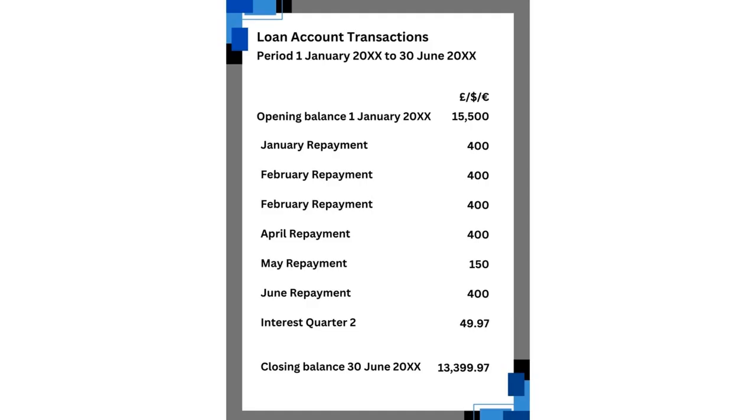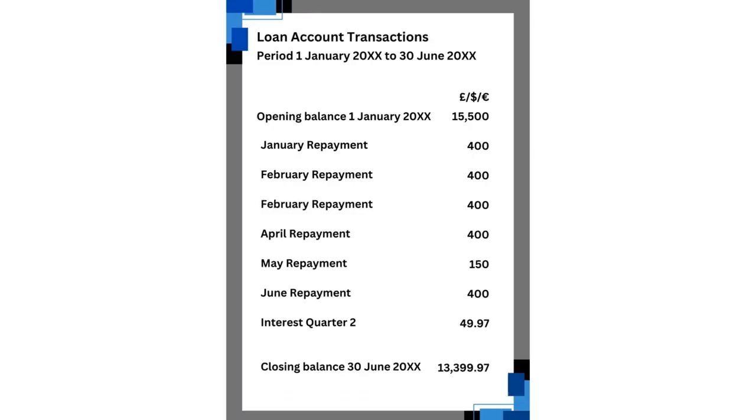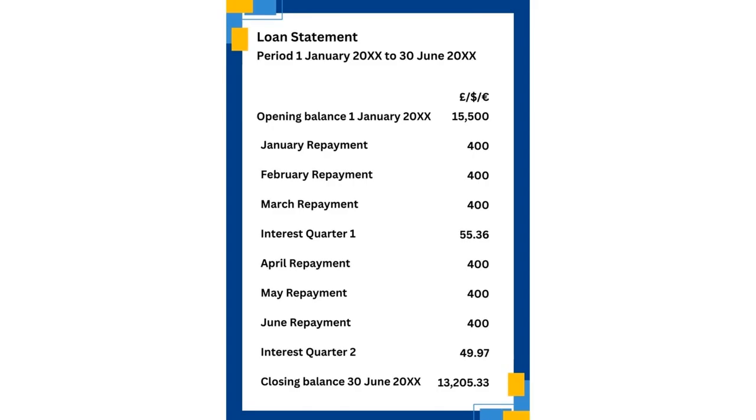The whole point of the reconciliation is to make sure that the account transactions and the balances on the accounting records match the statement. We want to check that there's nothing missing, there are no duplicates, there are no errors, and that they are identical. We're trying to bring them together to reconcile the accounts with the statement.